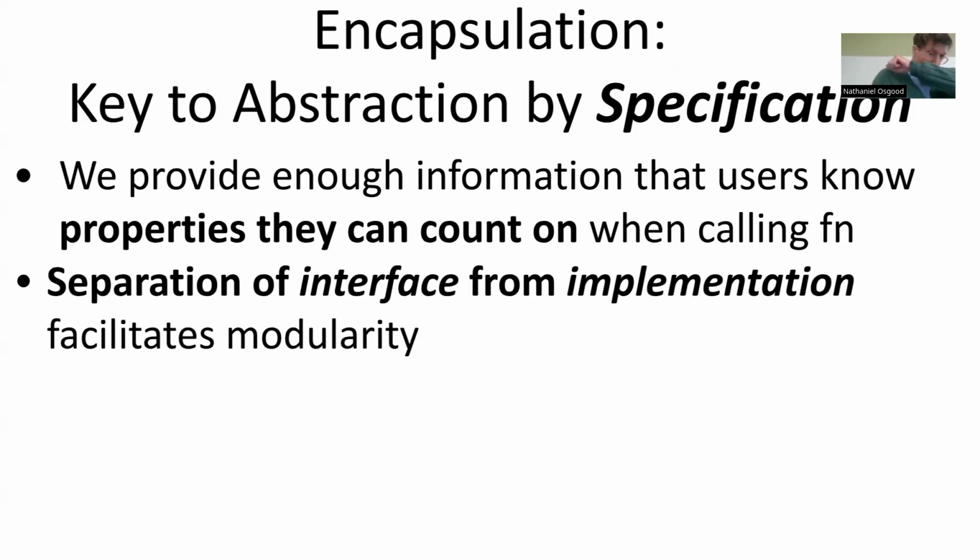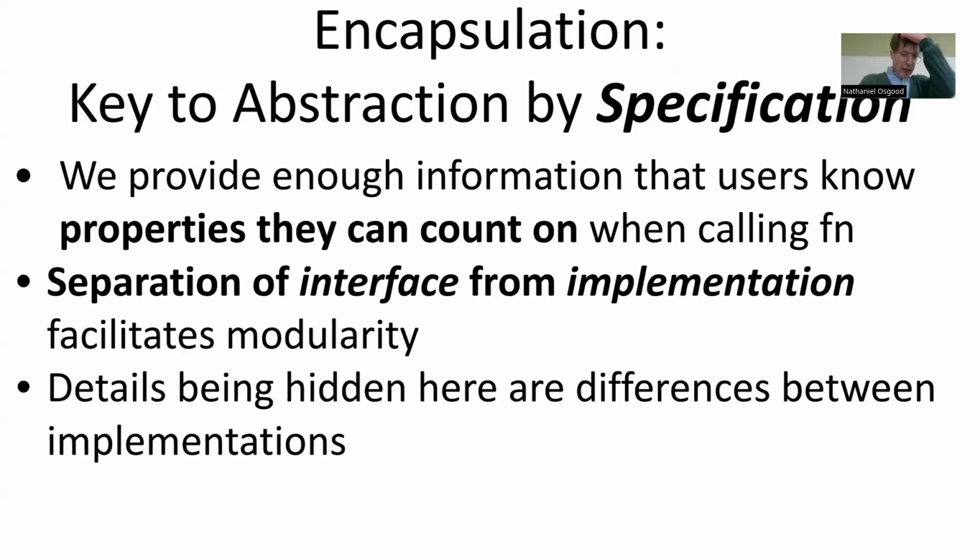So here, we're going to have a separation of interface from implementation. And the interface is going to specify these properties. The details being hidden here are differences between implementations. Where I have abstractions that not only allow different parameters to be passed, that's one thing, that's awesome. But more than that, they provide certain guarantees.